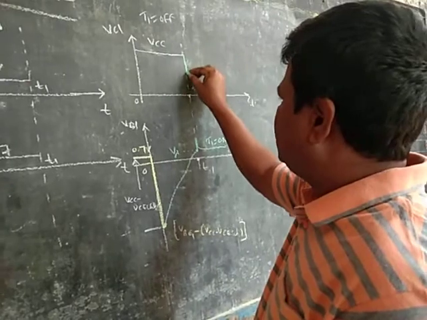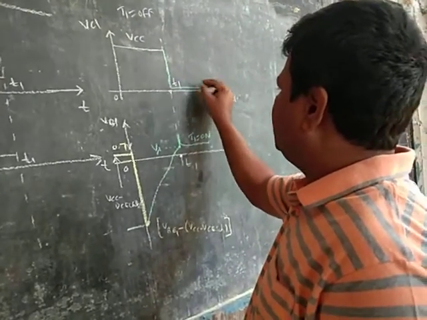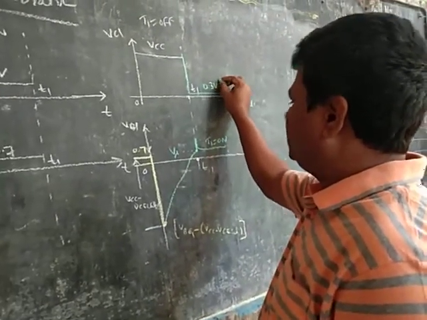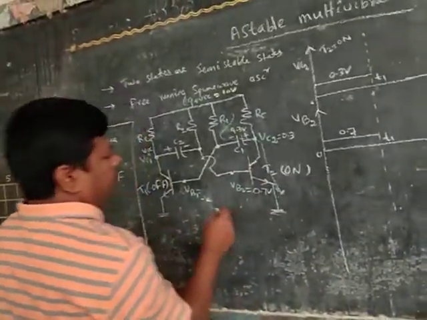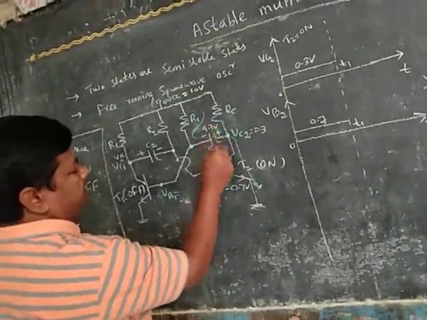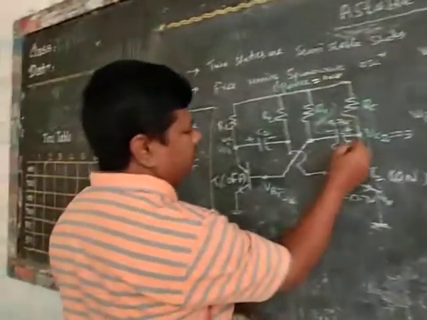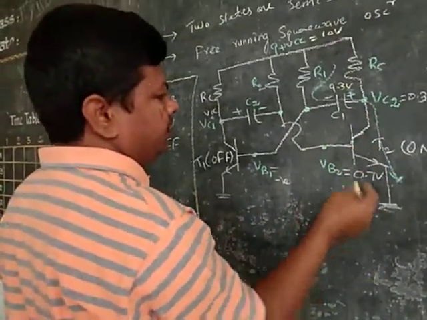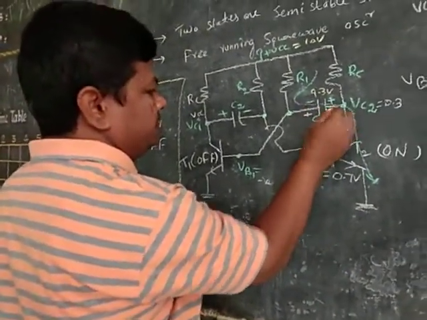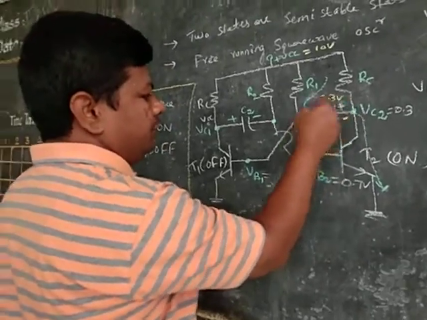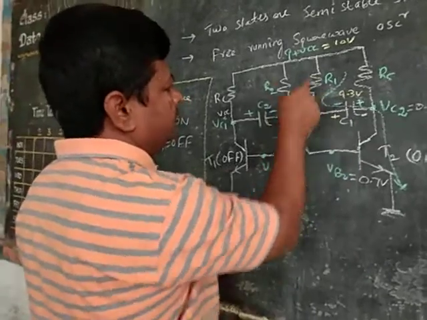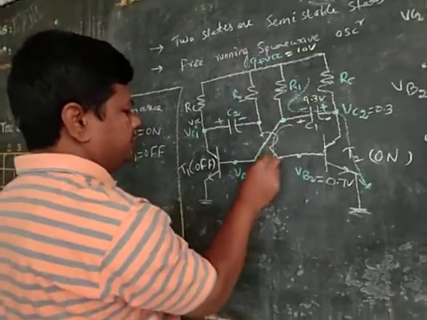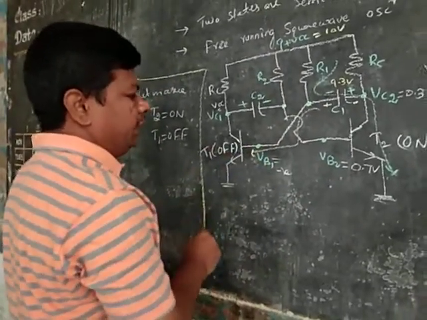Whenever T1 transistor is on, its collector voltage is 0.3 volt. First of all, it discharges. After discharging to 0, it will charge with reverse polarity. This is plus, this is minus. After 0, again it will charge through R1, C1 towards VCC. Now this is connected to the base of T1 transistor.